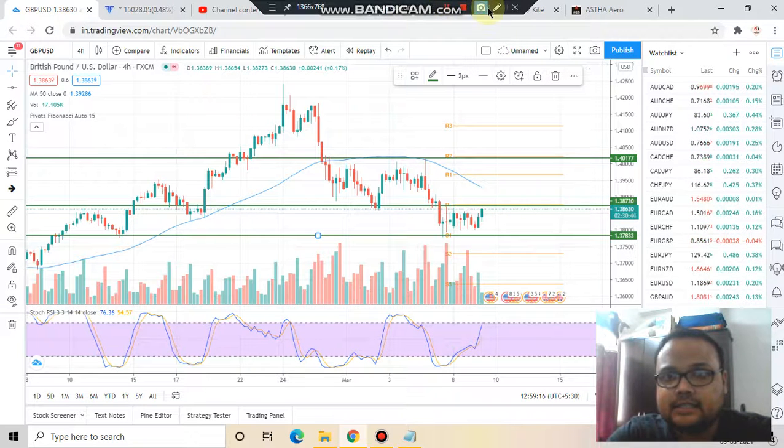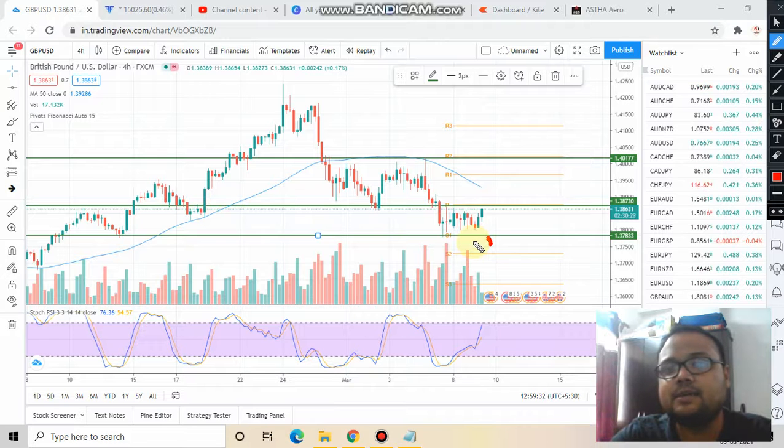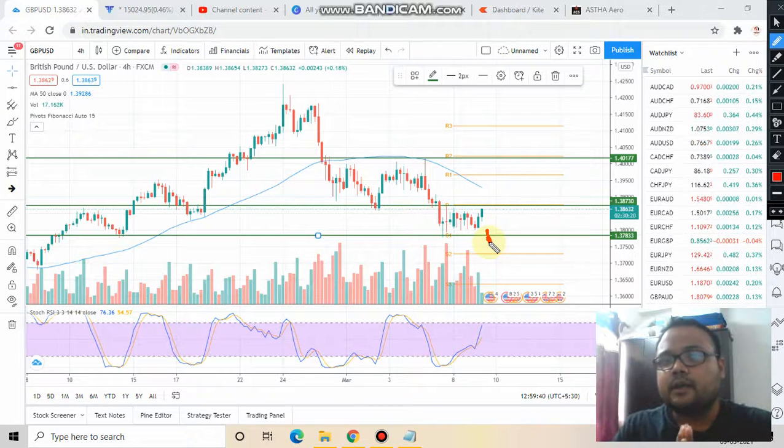So as this is a seller's market as of now, right now the selling pressure is there, so we can consider it as the seller's market. So if you find the market trading below this level, you can short the market again. Just remember the price is being supported by volume. If you see that it has crossed the line and there is good amount of volume, then you can short the market.